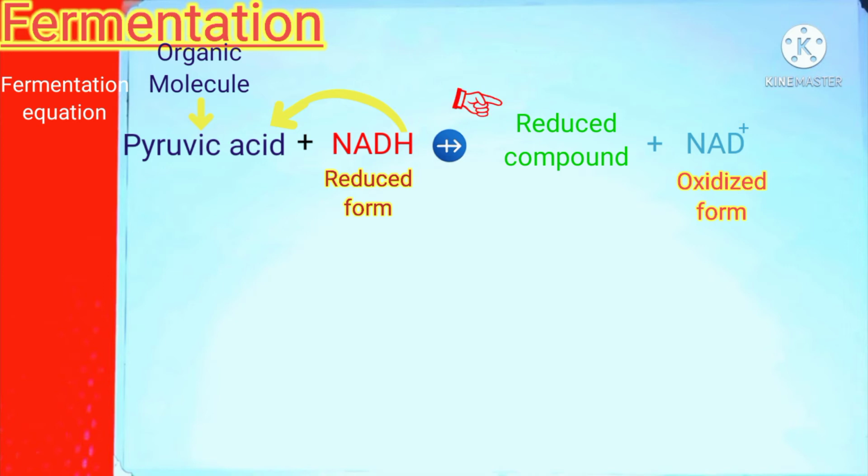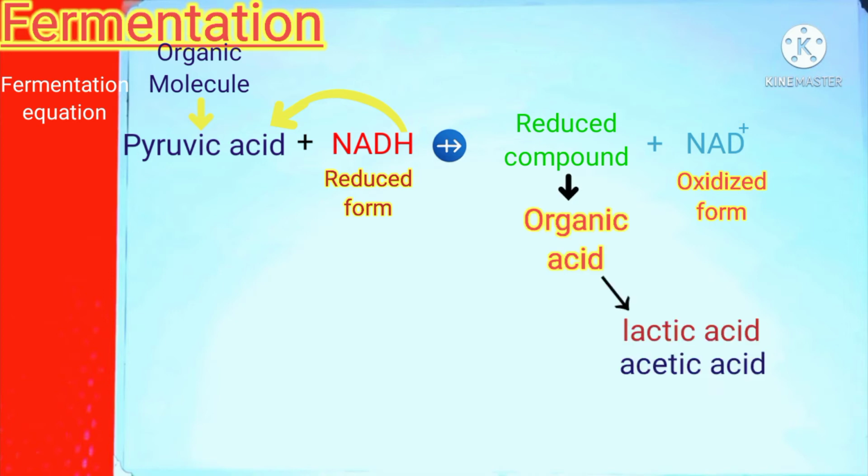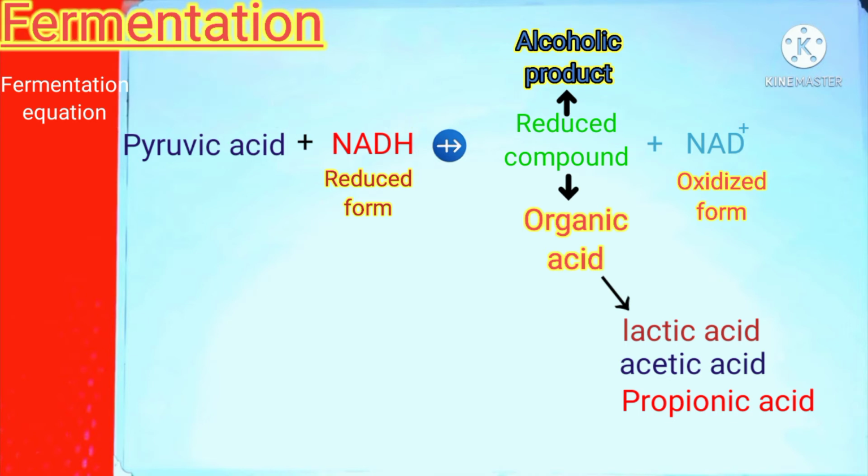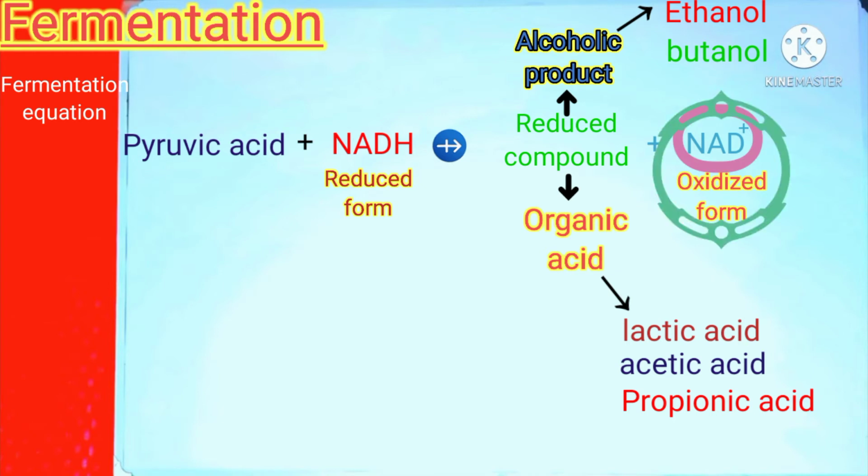This reduced compound can be an organic acid such as lactic acid, acetic acid, or propionic acid. But this reduced compound can also be in the form of an alcoholic product. This alcoholic product can be ethanol, butanol, and some others. So in this process, fermentation also regenerates NAD, the oxidized form of NADH, which is also required for the functioning of the glycolysis process.